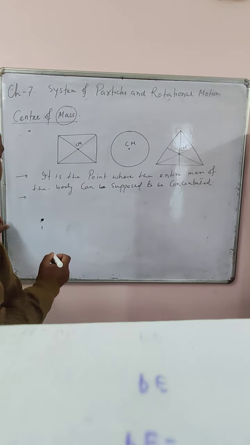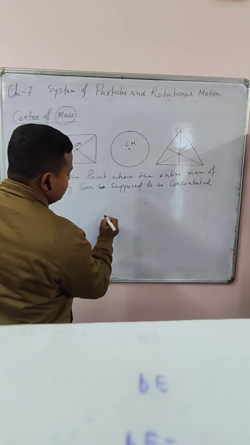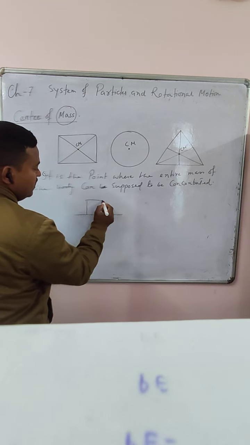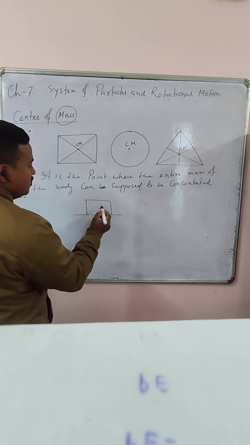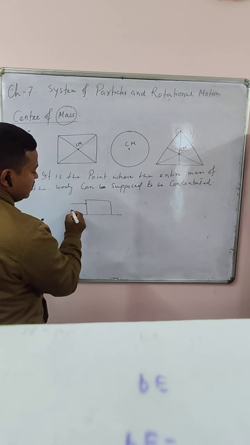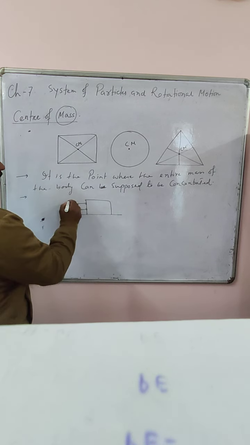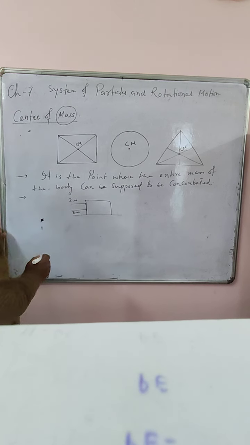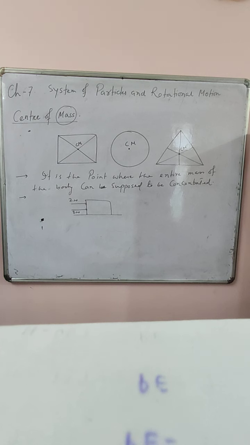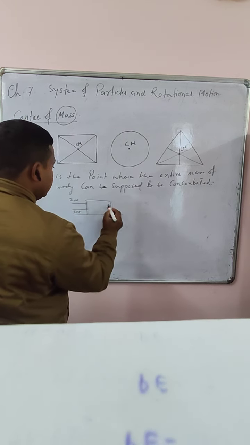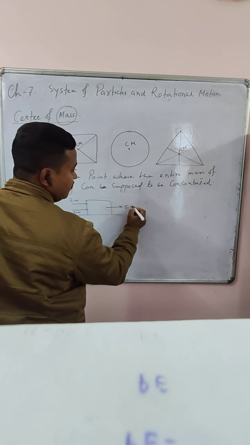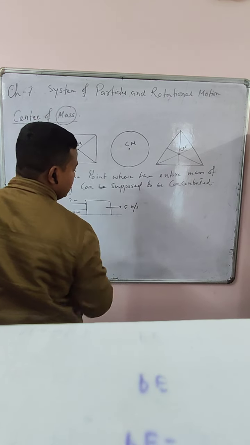You can consider a situation. Suppose this is a body, moving under some external forces. For example, you are applying a 2 Newton force here and a 3 Newton force there, and the body is moving with a velocity of, say, 5 meter per second.